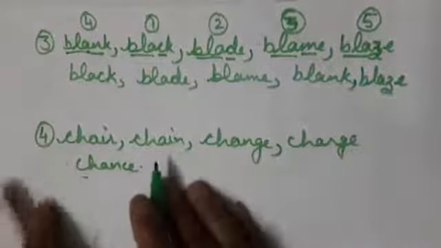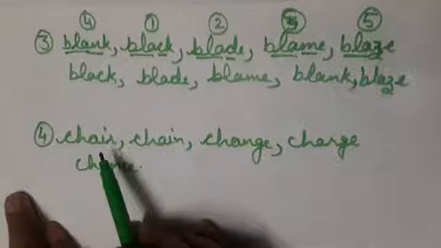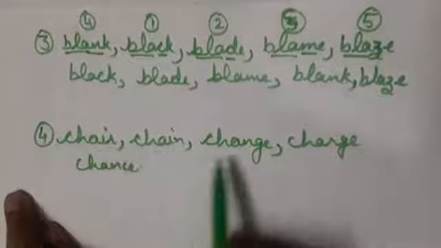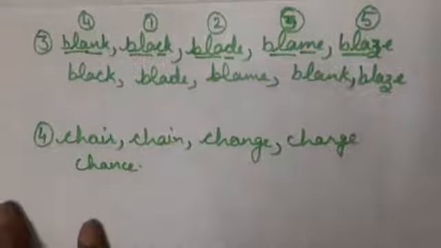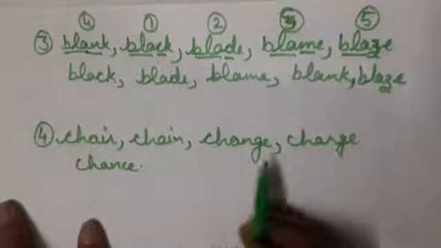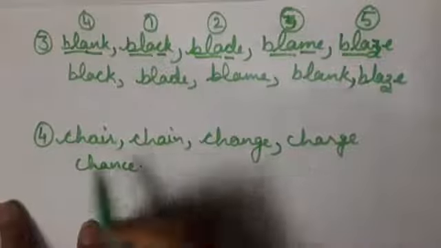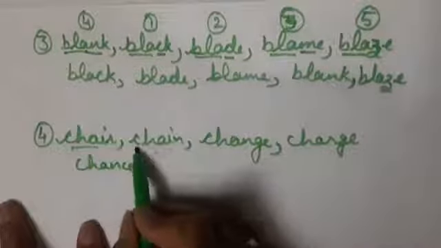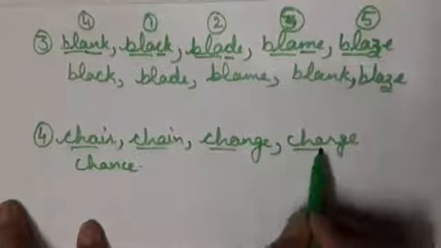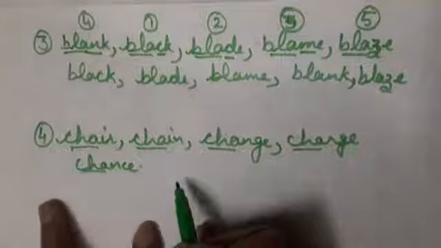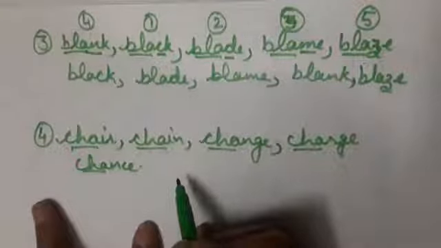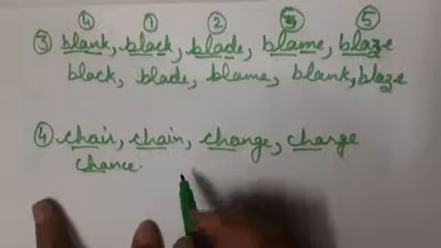I hope you understood. Now the fourth one: chair, chain, change, charge, chance. So in this particular sequence we can see that CHA, these three letters, are the same in each word. Now we have to check the fourth letter.